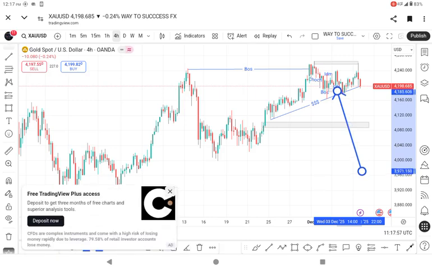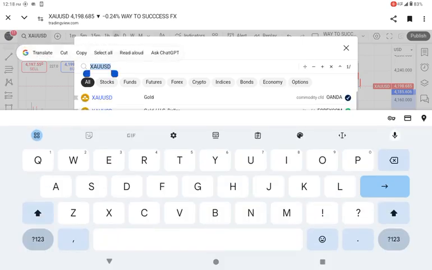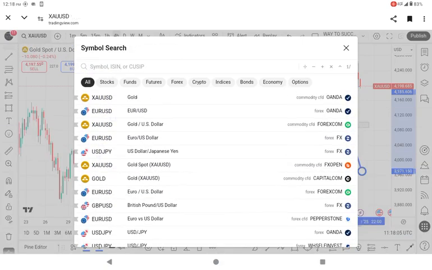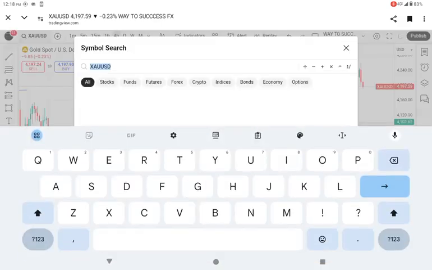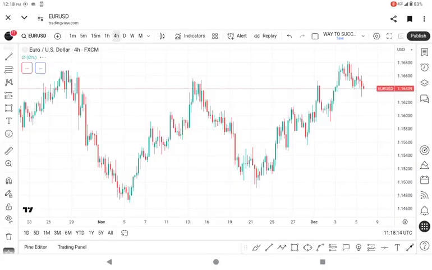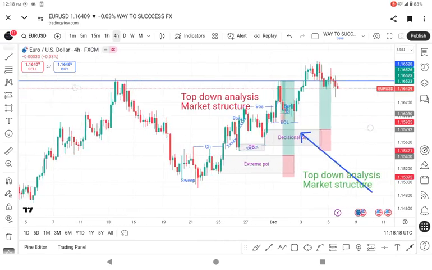Now let's check the Euro USD. So here we go on Euro USD.